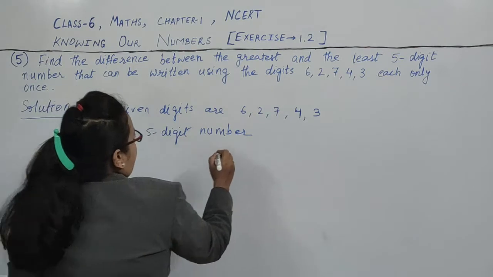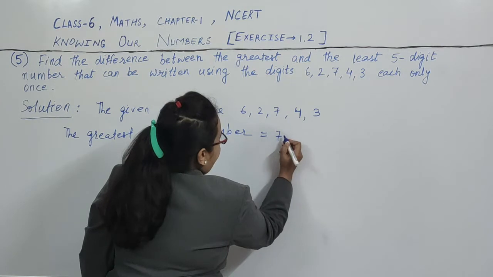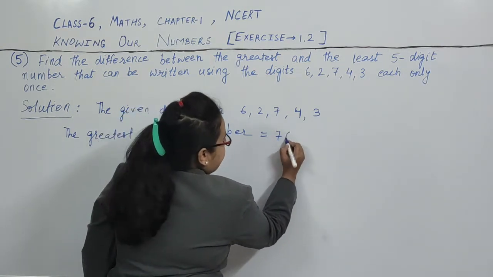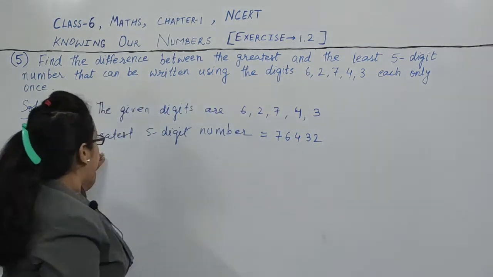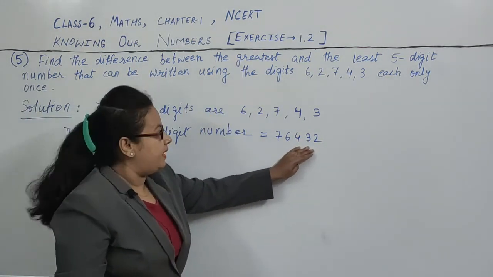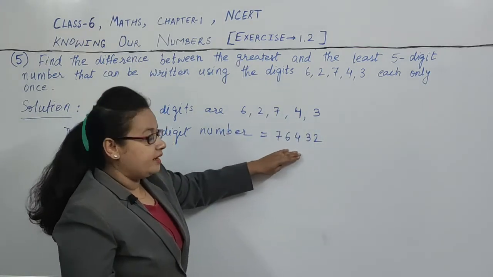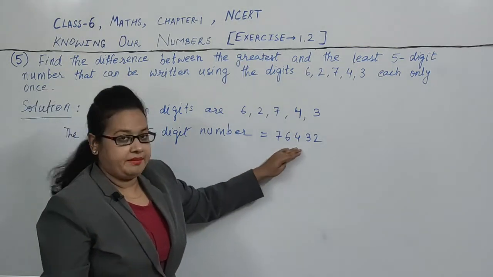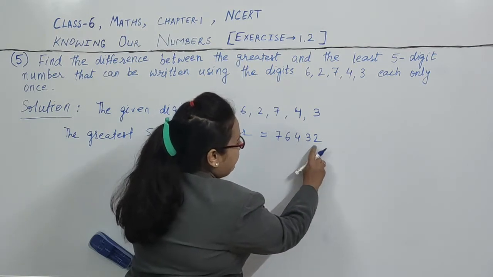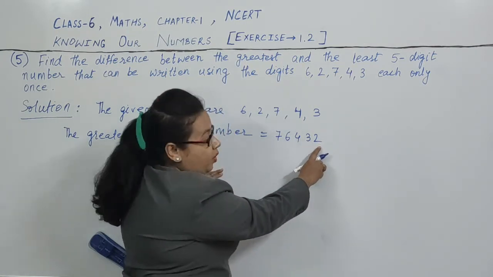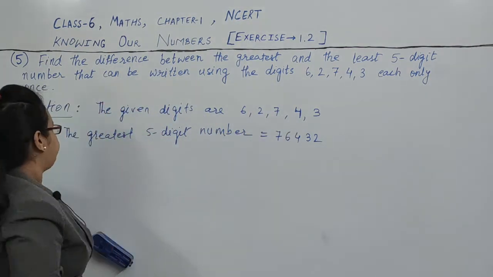The greater digit will be put first, then the smaller, and the smallest one will be put at the end, and we get the greatest 5-digit number out of these 5 digits. How? First the greater one, and like that we move in descending order and get the smaller digit at the end. So this is the greatest 5-digit number found with these 5 digits.